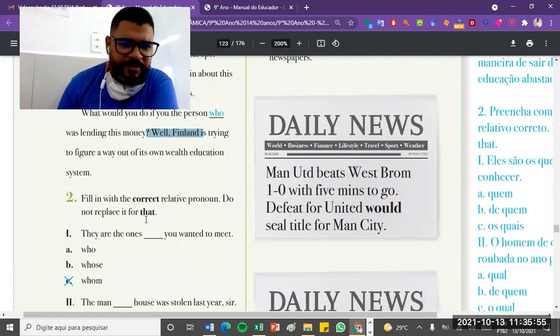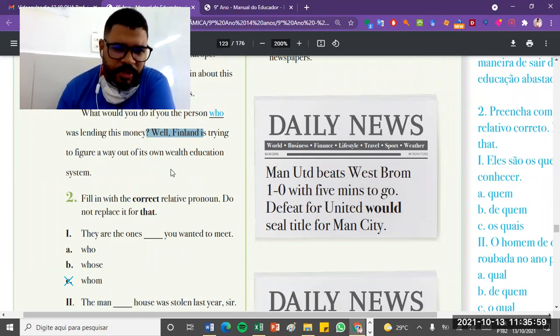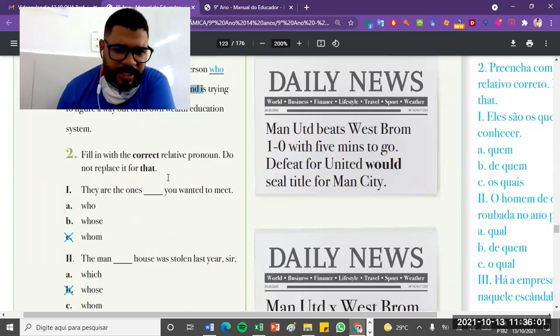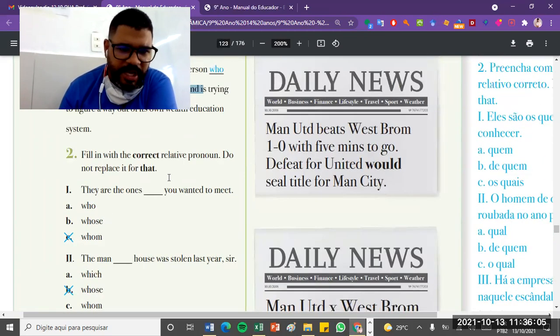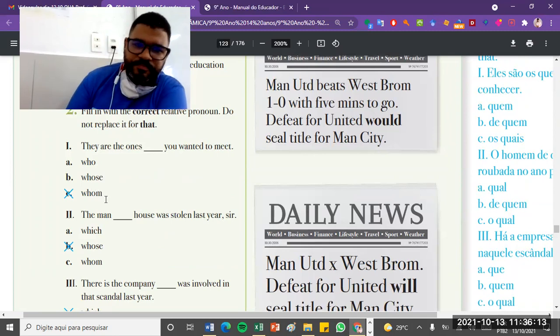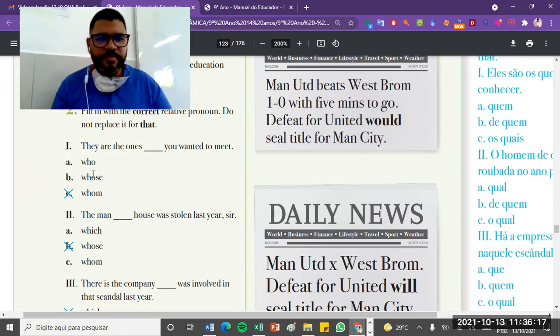So what should we have? Filling with the correct relative pronoun, do not replace it with that. All right? So on page 107 we have, they are the ones whom you wanted to meet. Whom? Let us see. Next one. The man whose house was stolen last year, sir.